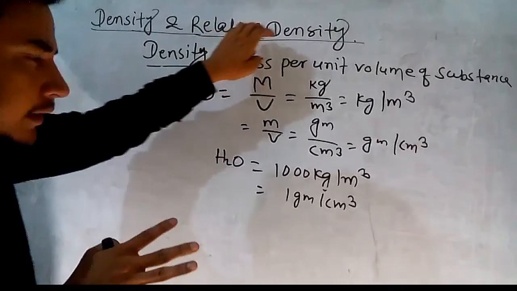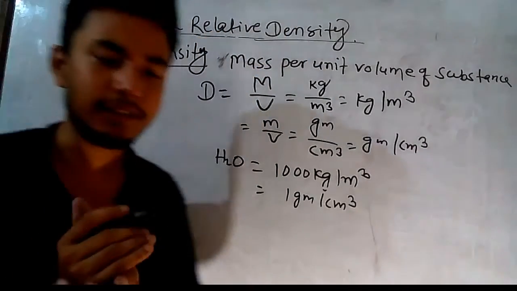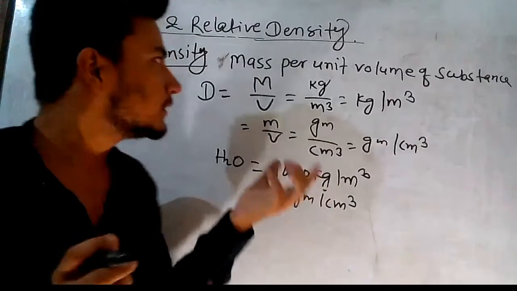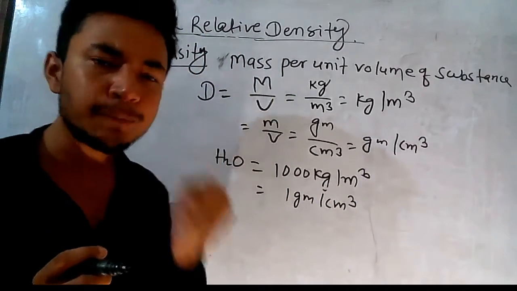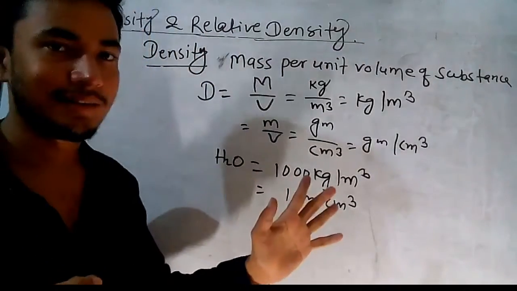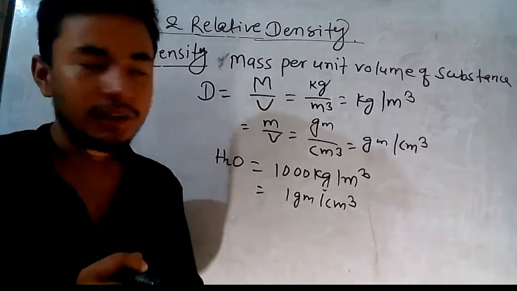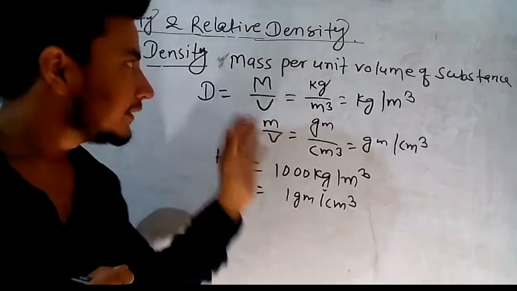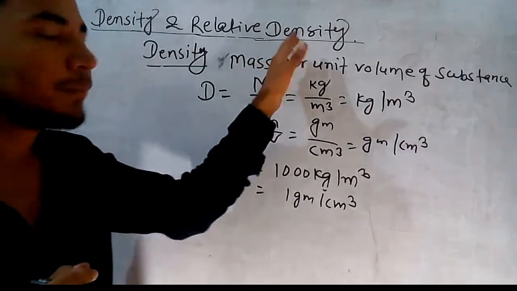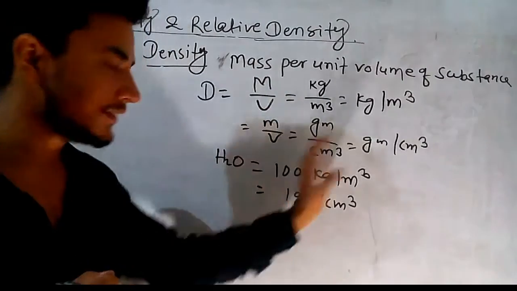Then what is relative density? Relative means the density of a substance relative to the density of water. That is simply called relative density. But don't write this as the definition in the exam; I'll talk about the definition later.